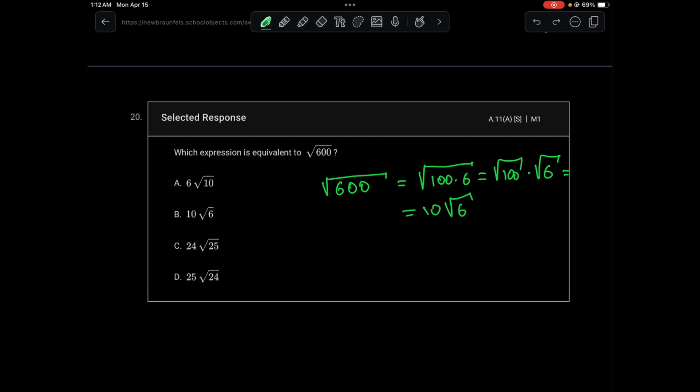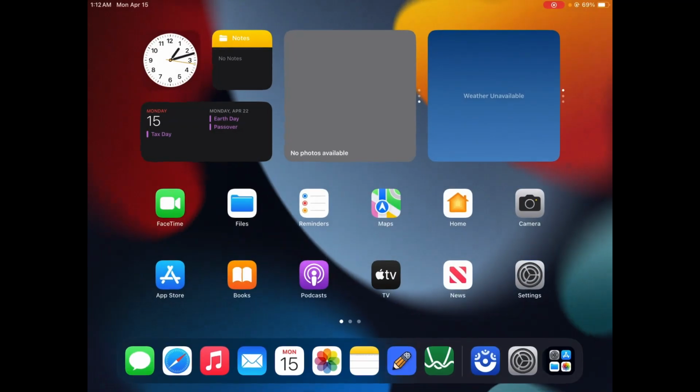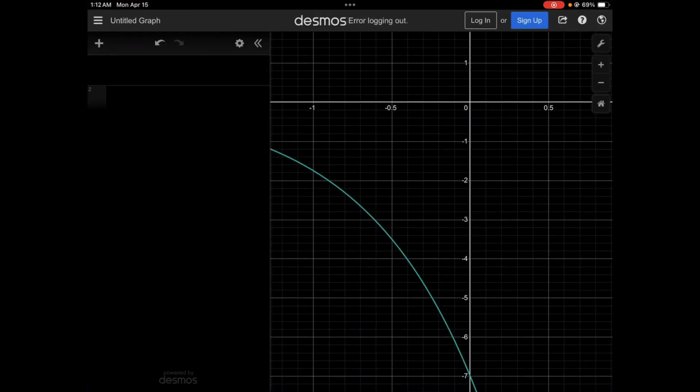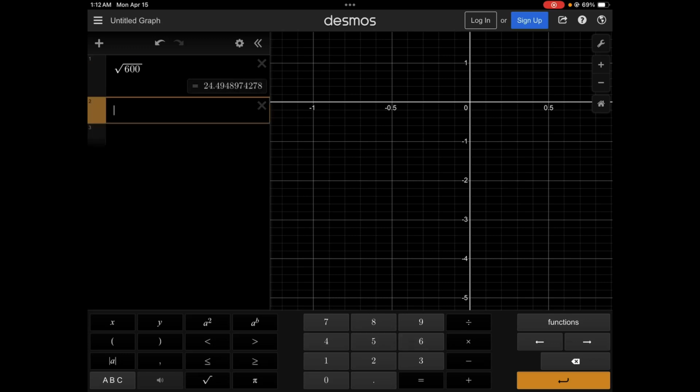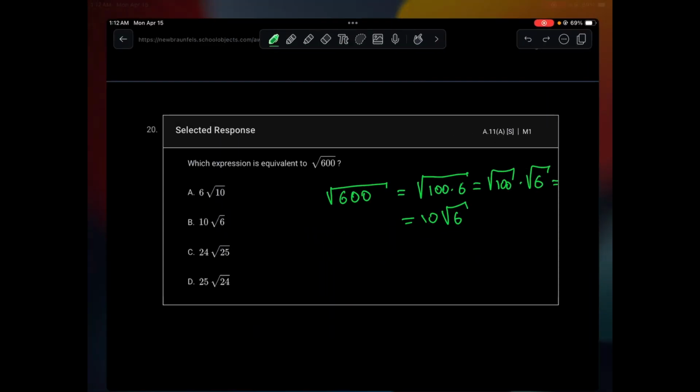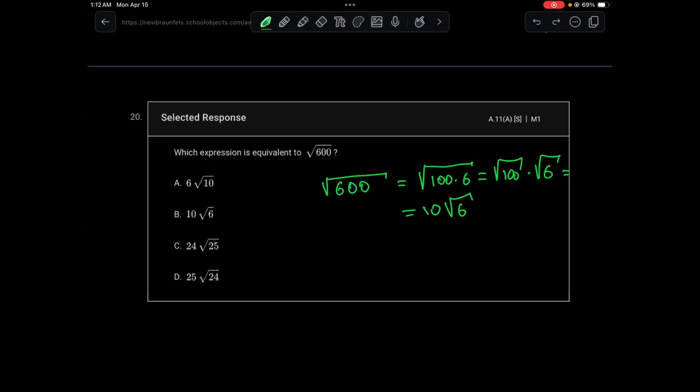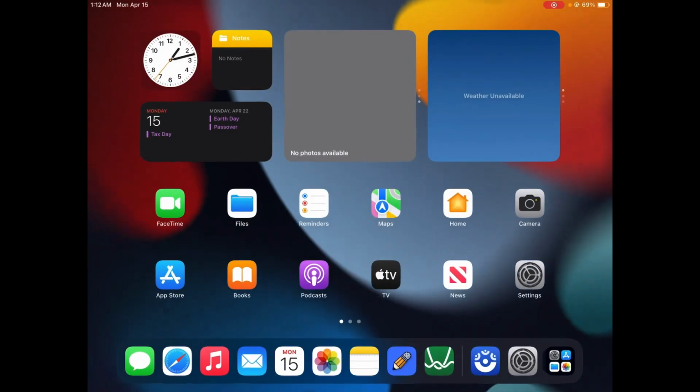But I may not know how to do that, or I may not want to take a risk. In that case, I'm going to go to the graphing calculator, find the square root, put 600 underneath, and I have a number. The first option was 6 square root 10, the second 10 square root 6.